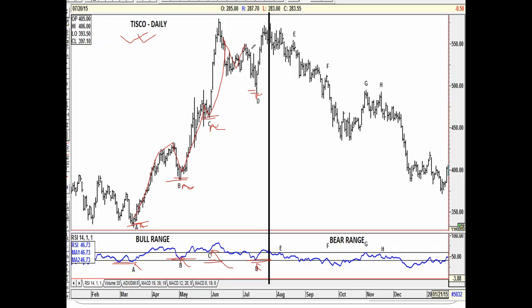Now at this point the price failed to take the momentum to the traditional overbought area, that is the 70 area, and we can understand now that the market is going to change and we see a range shift.